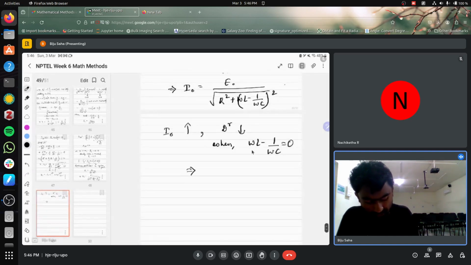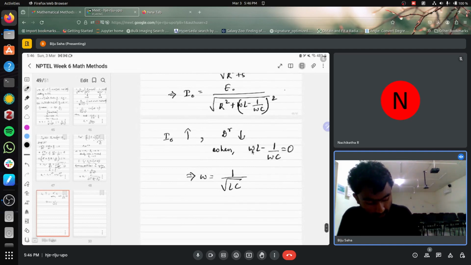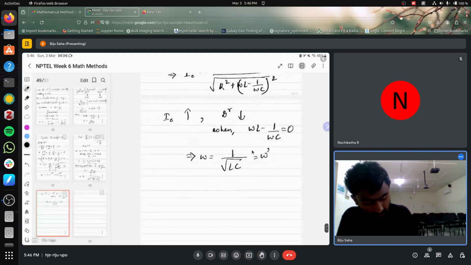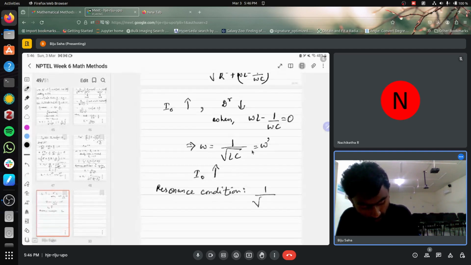So that says that for omega equal to 1 by root of LC, I naught reaches a maximum. So the resonance condition is given by omega equal to 1 by root of LC.